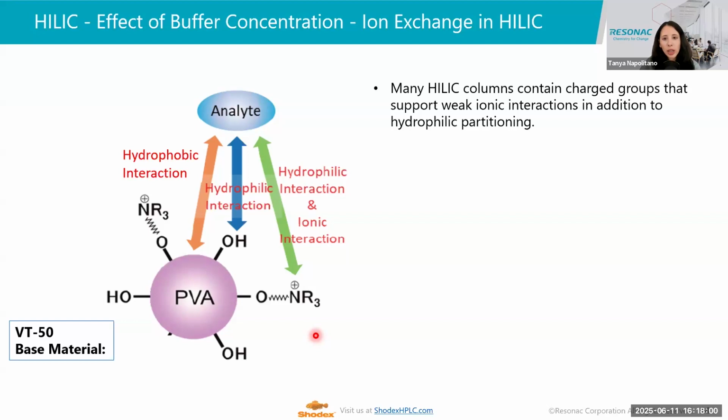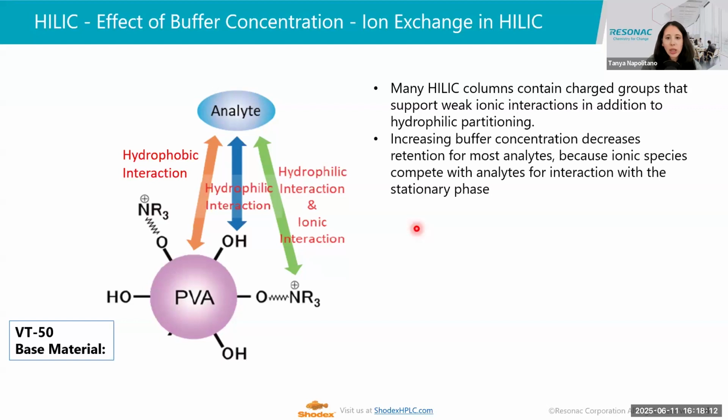So at low buffer concentrations, there's fewer ions in the mobile phase, and that means analytes can more easily interact with the stationary phase, leading to stronger ionic retention. But at high buffer concentrations, the mobile phase is crowded with competing ions, which block those interactions, so the retention decreases.